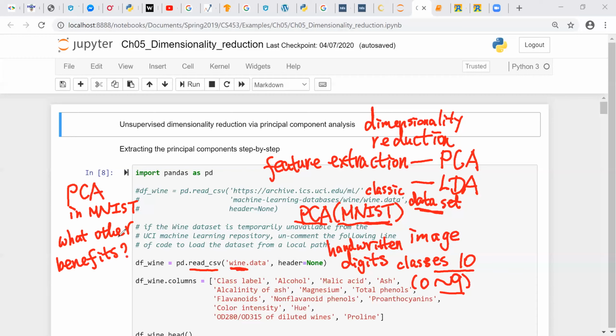The question is, PCA is used for dimensionality reduction. So based on this dimensionality reduction, what other benefits can we achieve besides helping train the data?